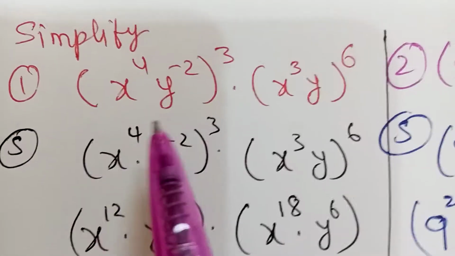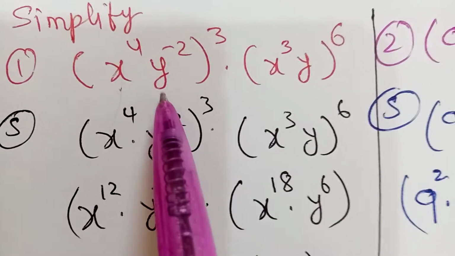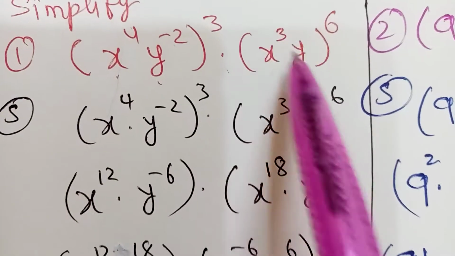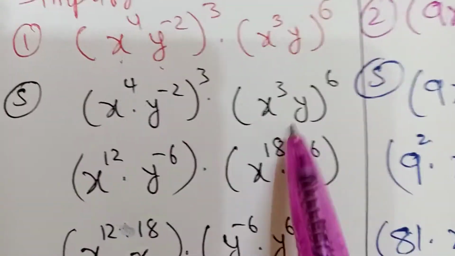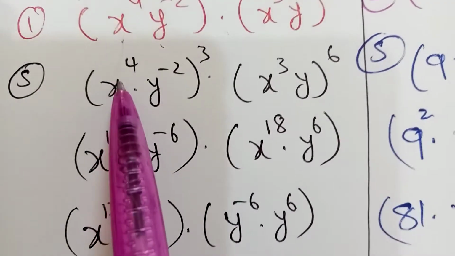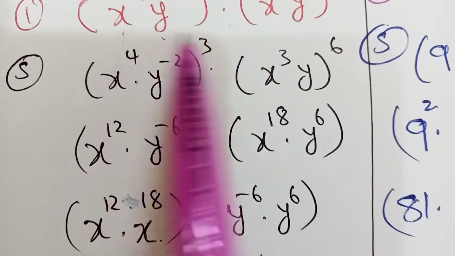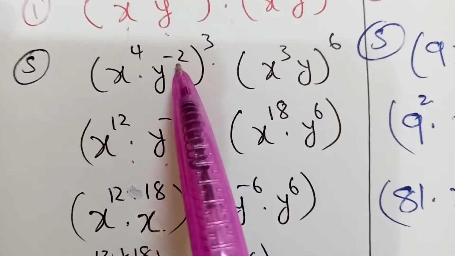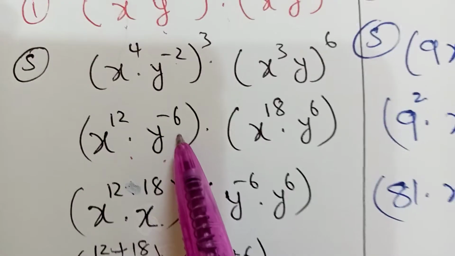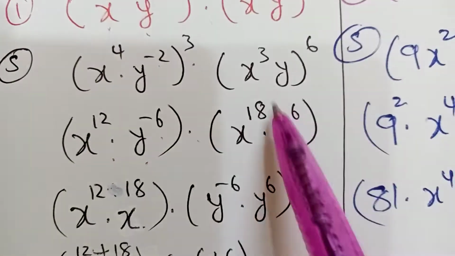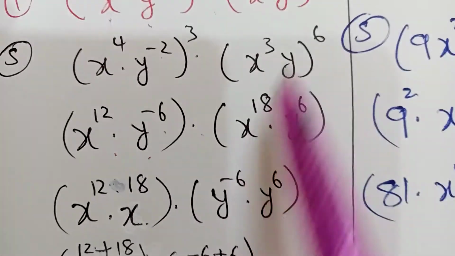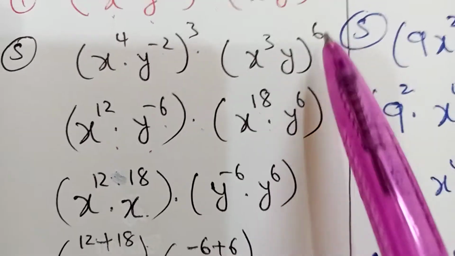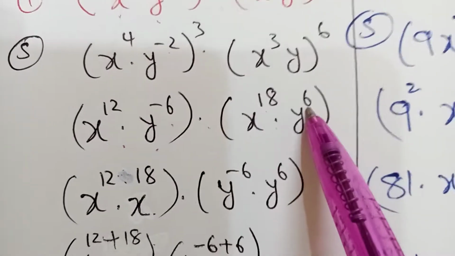Simplify. Next question, x to the power of 4 into y to the power of minus 2, power of 3, into x power of 3 y power of 6, given. See here, now x 3 4s are 12 into y minus 2 into 3 minus 6 into x as it is 6, 3 6s are 18 into y 6 1s are 6.